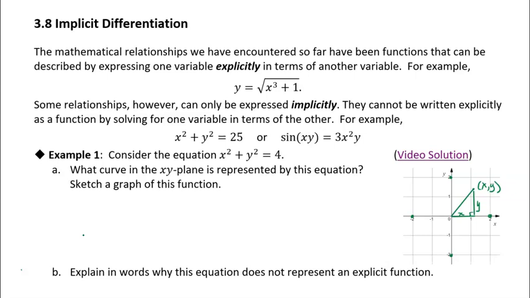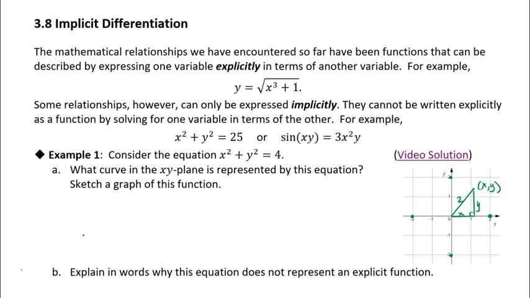So x squared plus y squared has to be 4. Oops, no, the hypotenuse has to be 2, because it's essentially the distance formula. I could take the square root of both sides and it would be the distance formula. So the distance from the origin to this point x, y has to be 2, and it's going to be 2 no matter what point you plot.